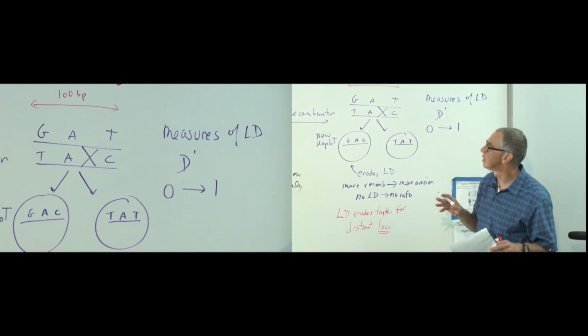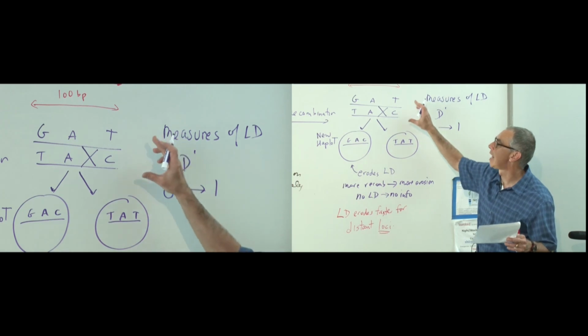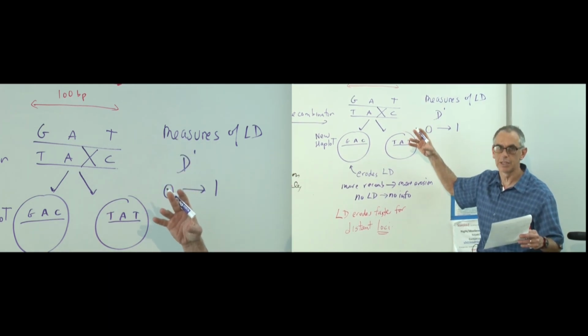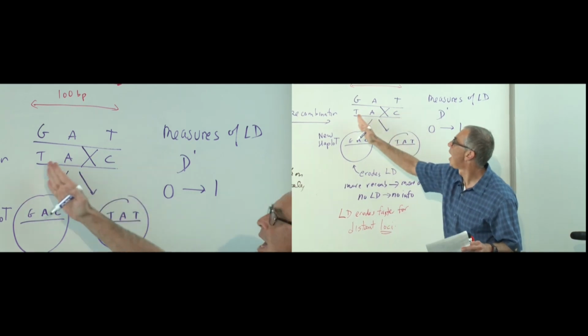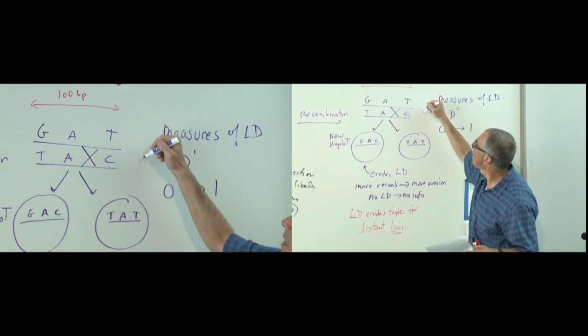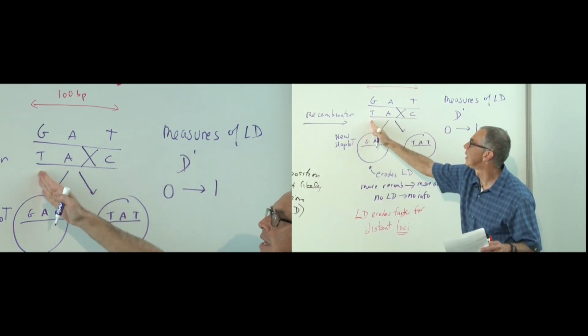Another important thing is we're going to be talking about discovery of genetic variants responsible for traits in the human genome. If these two columns are in high LD, then you can't tell. If they're in high LD, that means they're very correlated.